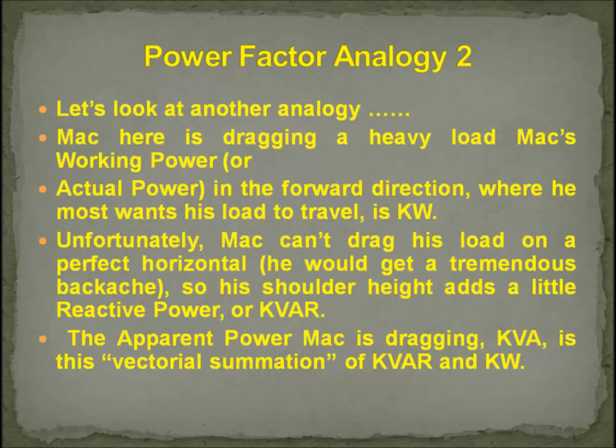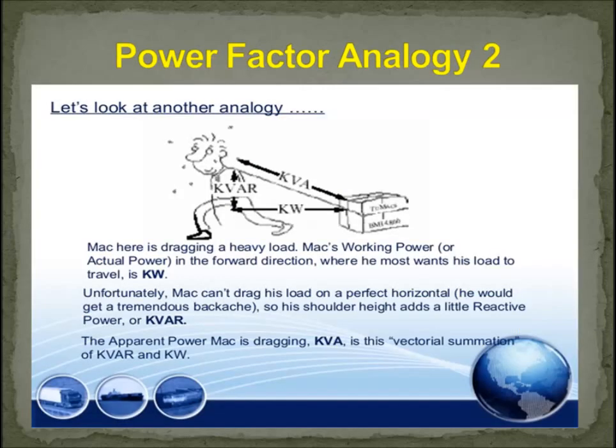Power factor analogy 2. Let's look at another analogy. Mac here is dragging a heavy load. Mac's working power, or actual power, in the forward direction, where he most wants his load to travel, is kW. Unfortunately, Mac can't drag his load on a perfect horizontal.